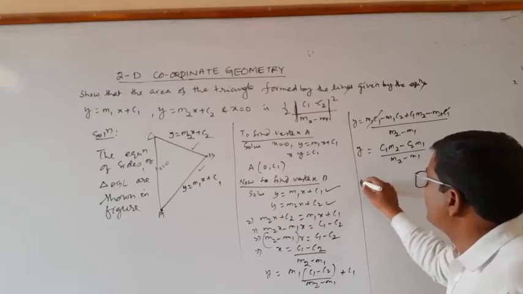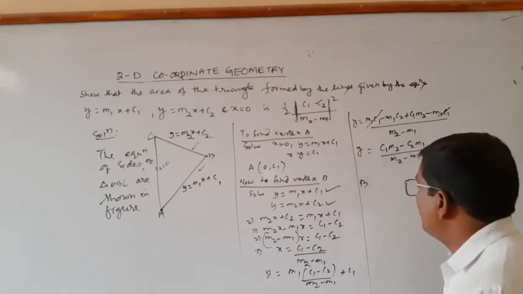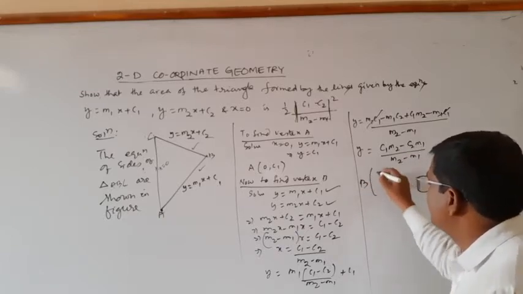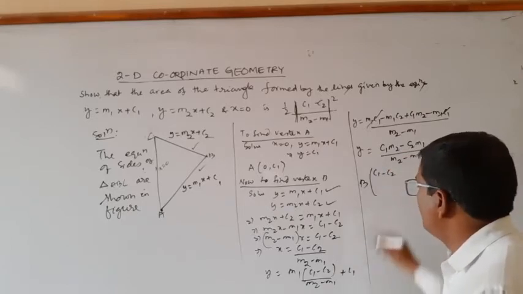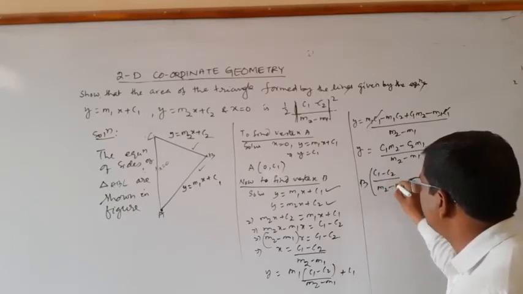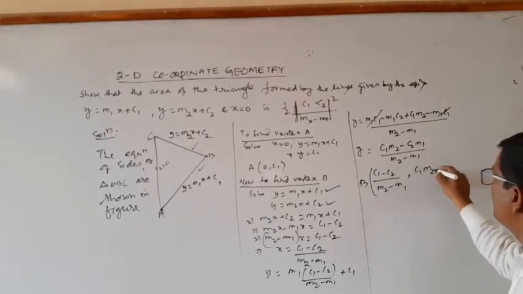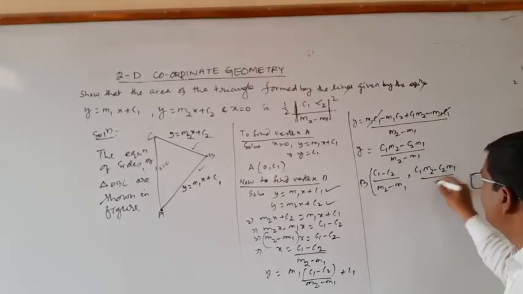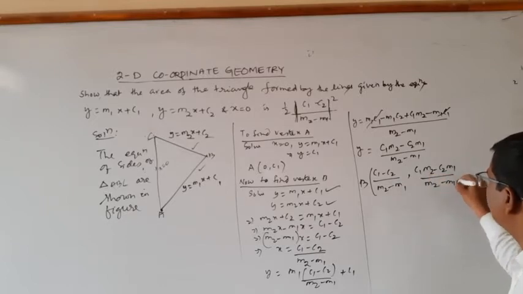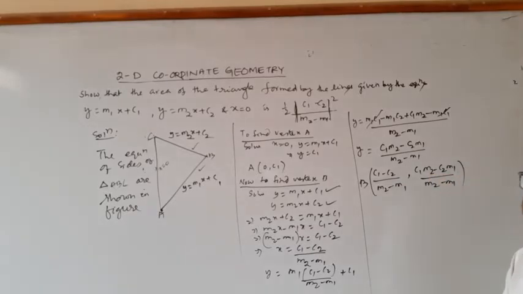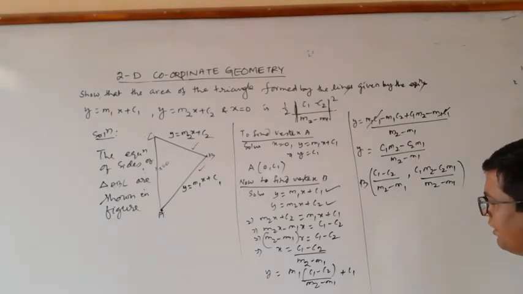So vertex B is equal to what? The x value is (c1 minus c2) divided by (m2 minus m1), comma, (c1 m2 minus c2 m1) by (m2 minus m1). Clear? So now how to find vertex C?